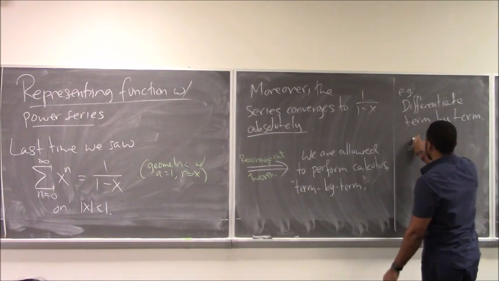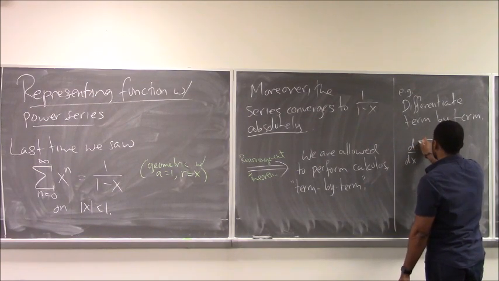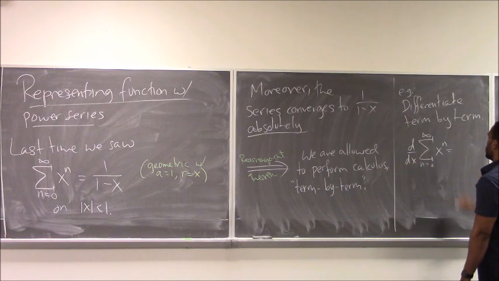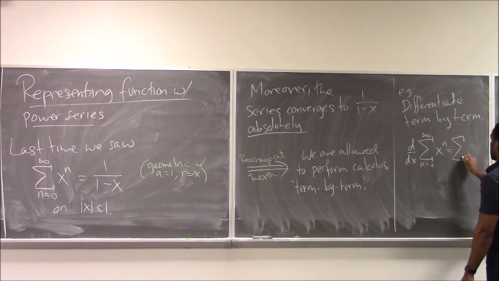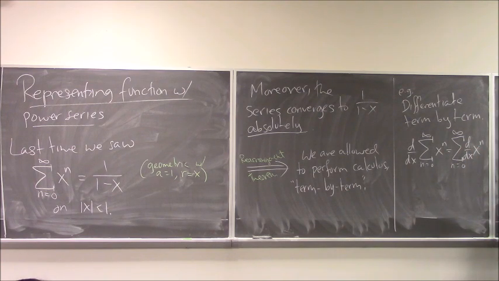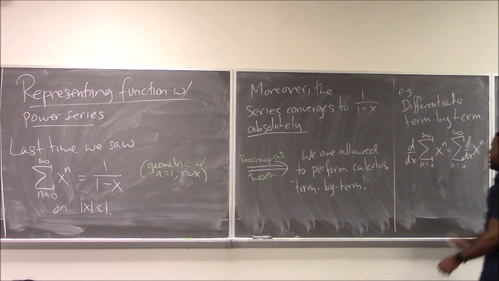So I can do something like find the derivative of this series. And it will be equal to just differentiating each term. You couldn't do that with a conditionally convergent series. But with an absolutely convergent series, it does work.